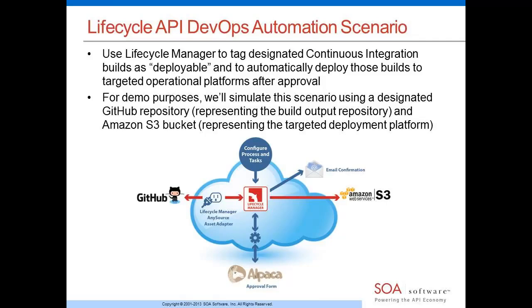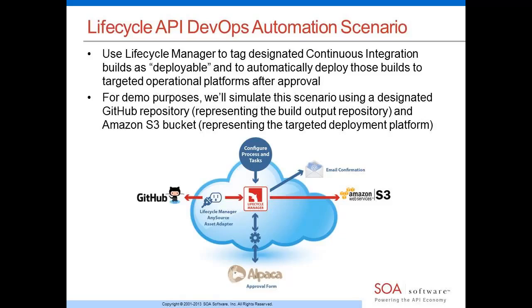And we've set up a GitHub repository instance that's going to represent where we're going to put our build output. So that's where the build executables are going to be deposited from an archival standpoint. And then rather than actually deploying an executable environment, we're just going to push a file to an Amazon S3 bucket. So that's simulating our target deployment platform.